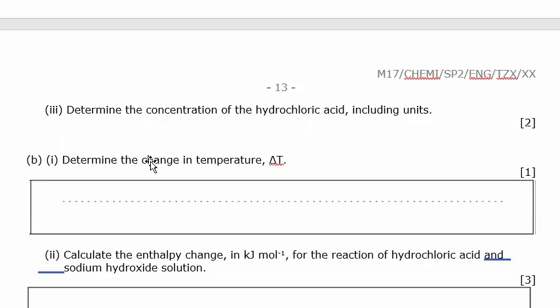So the concentration of the hydrochloric acid, well, we've got MaVa equals MbVb, because the moles must be equal when they're completely neutralized.